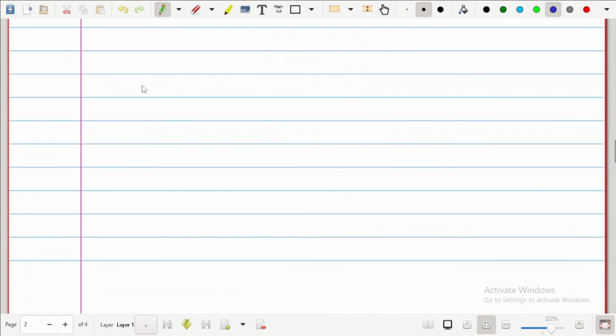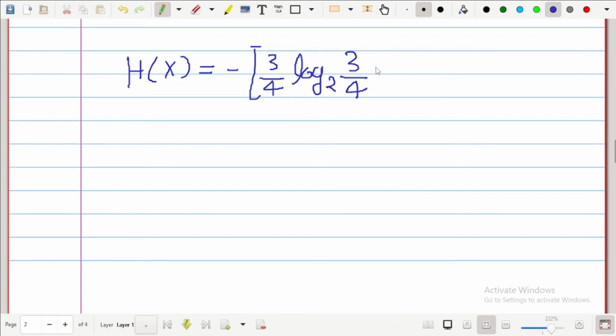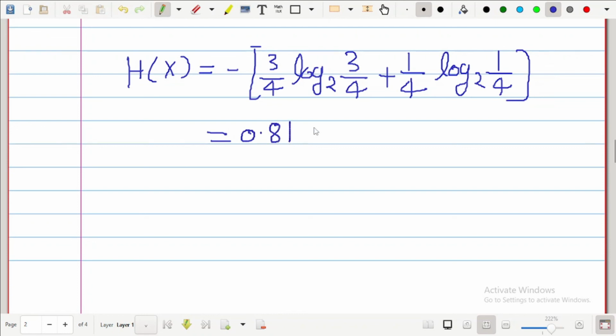H(X) is equal to minus 3/4 log base 2 of 3/4 plus 1/4 log base 2 of 1/4, and I have already calculated that it would be equal to 0.81 bits.